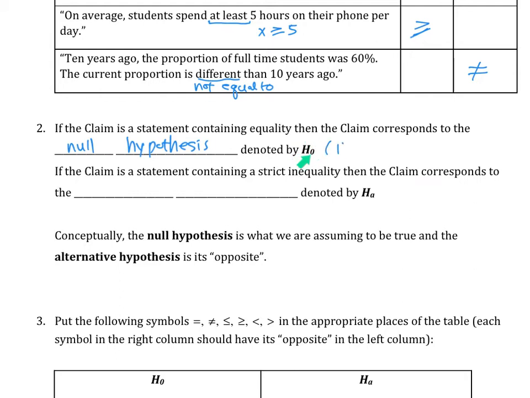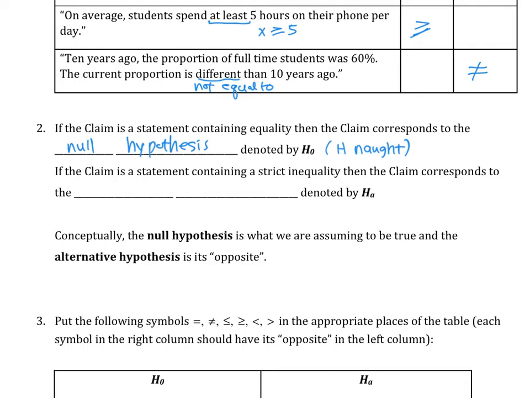Sometimes I'm going to call it H-naught, N-A-U-G-H-T. Naught just means 0 or circle. So sometimes I'll say H0, sometimes I'll say H-naught, sometimes I'll say the null hypothesis. Those 3 things are the same thing, different names.